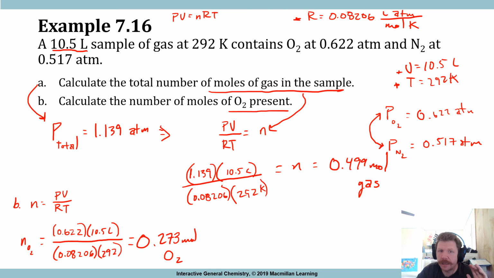Okay, another way that you can look at this is, so I'm going to say B take 2. This is another way of solving this exact same problem, but we're looking at O2 as a fraction of the total system.